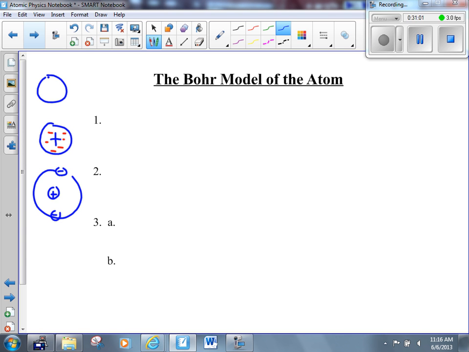The fact that the electrons orbit around the nucleus, sure, I can live with that. The fact that the electrons can orbit around the nucleus anywhere they want, he says, I don't think I can live with that one. The Bohr model of the atom says all of those things that the Rutherford model of the atom said, but in addition, it says those electrons that orbit around the nucleus have to be in certain places. There are what we call electron levels.